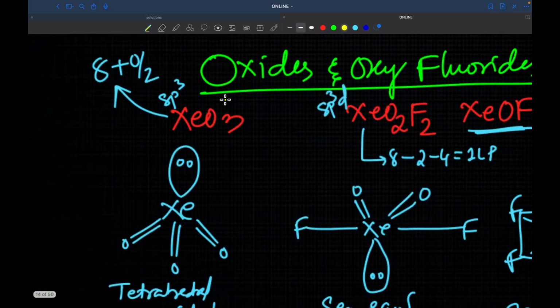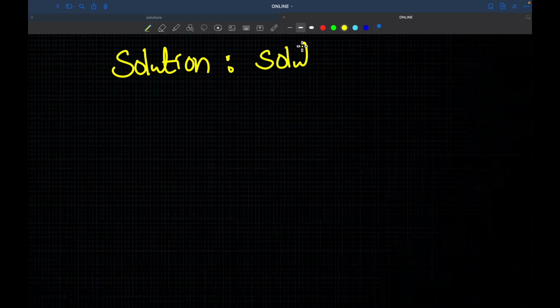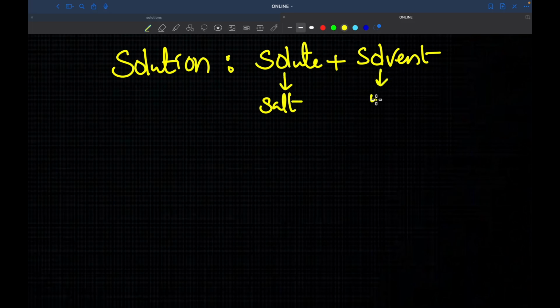Okay, we'll go to the next page here. A solution majorly contains two components. One is called solute and another is called solvent, right? In the salt solution case, the solute is salt and the solvent is water.